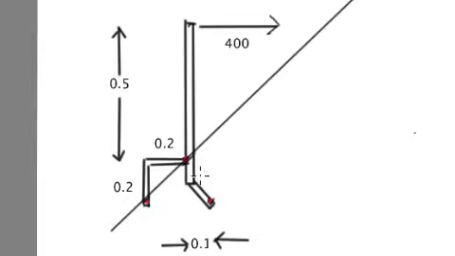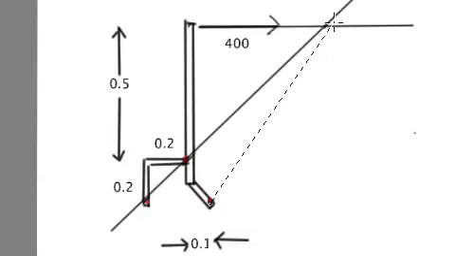And you're going to know that this line of action will intersect the line of action of the 400 Newton force right here, and that'll be the apex of your teepee. So first thing you want to realize is that the line of action of this reactive force will also be concurrent at this point.